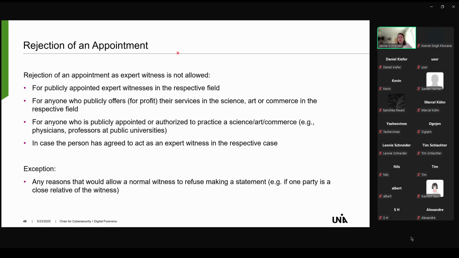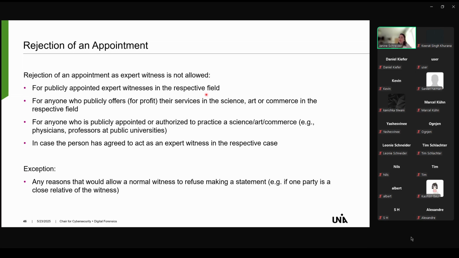Okay, if you are appointed an expert witness, you have to know that the rejection of appointment as an expert witness is not allowed in cases where you are, for example, a publicly appointed expert witness in the respective field. Publicly appointed expert witness means in German öffentlich vereidigte sachverständige Person.